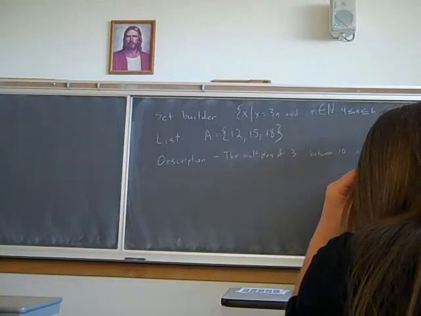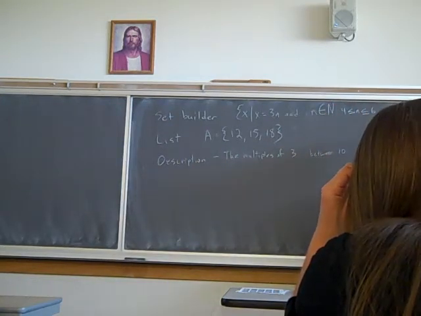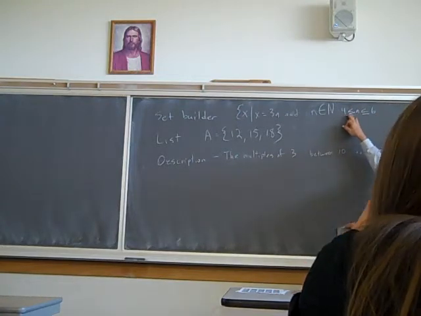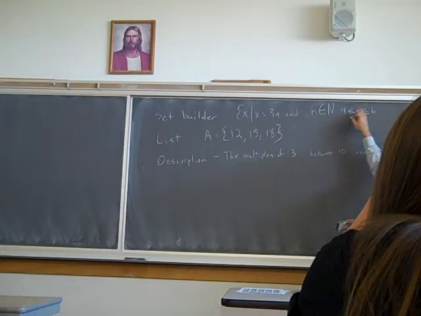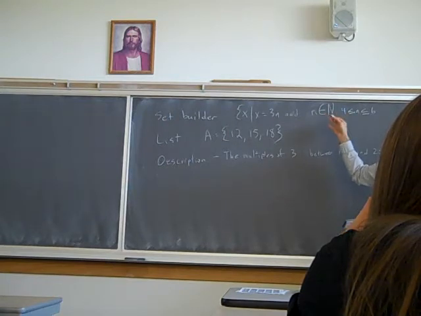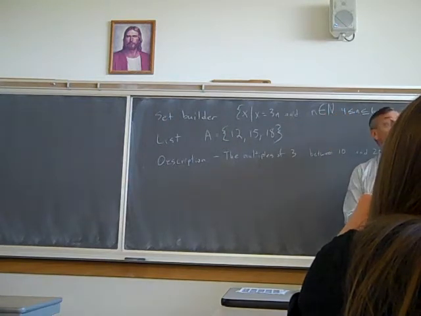We could put a W there, right? We could even put an integer, because if it's an integer between there, it will just be 4, 5, and 6, right? But I can't have rational numbers. Do you know what I'm saying? Not any number works between there, just the whole numbers.